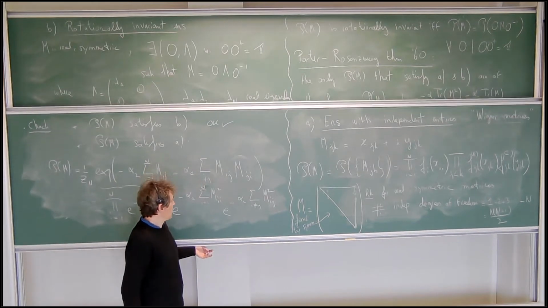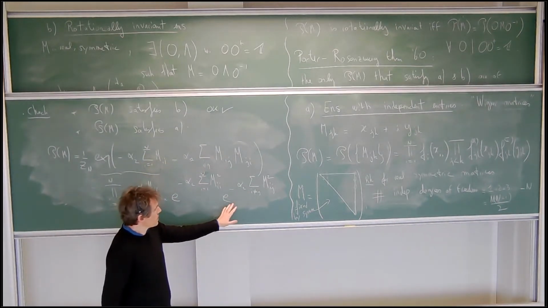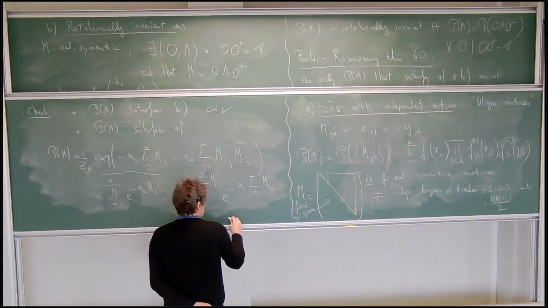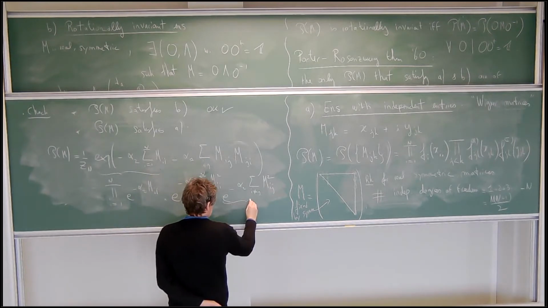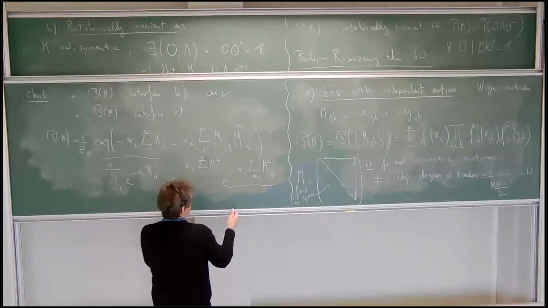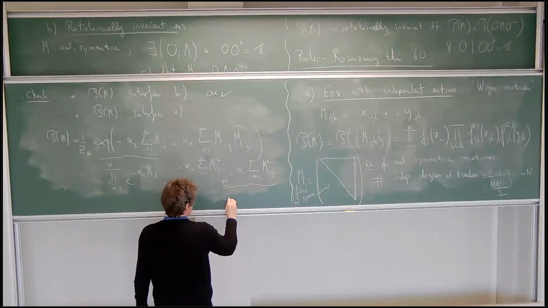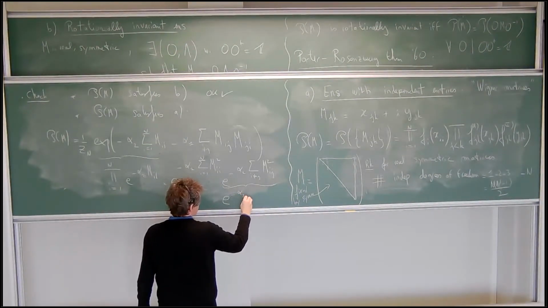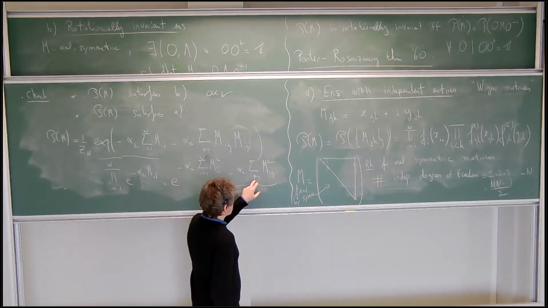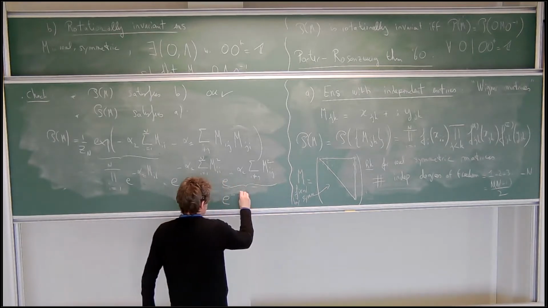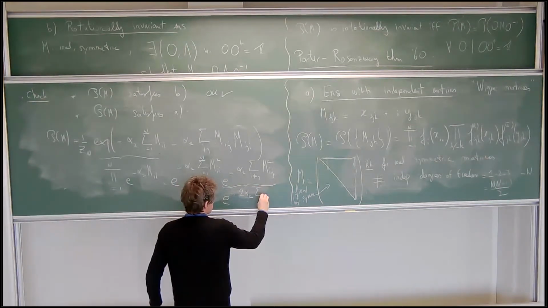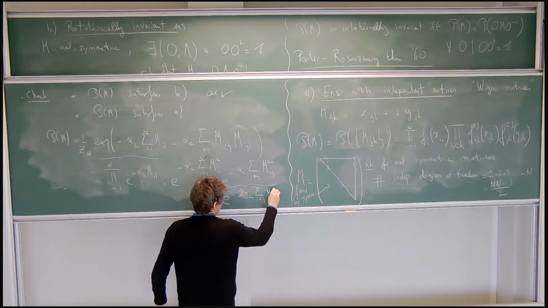And now this is essentially done, because this sum here I could again write as an exponential of minus alpha 2, and just restrict the sum to i less than j, but then I will pay a factor of 2, so I will have 2 alpha 2 sum over i less than j of Mij squared.